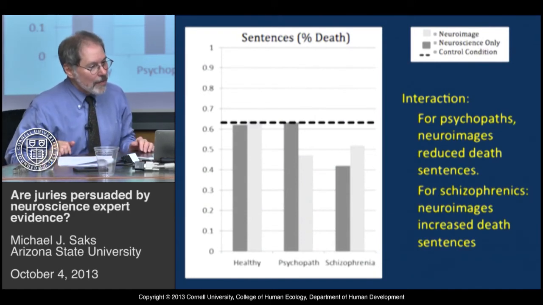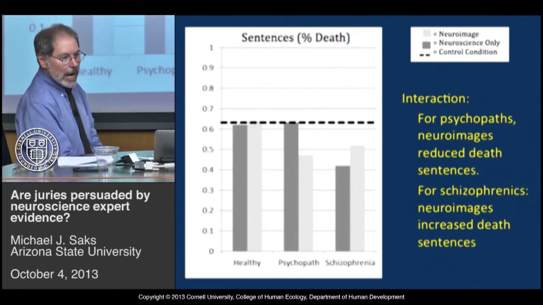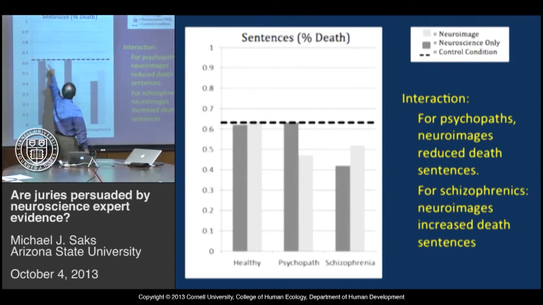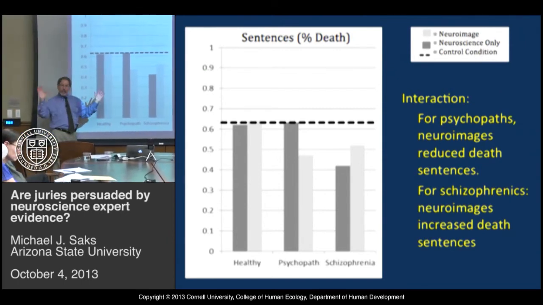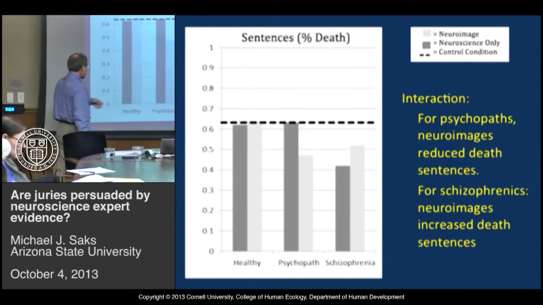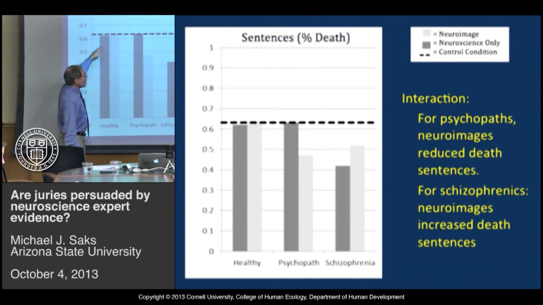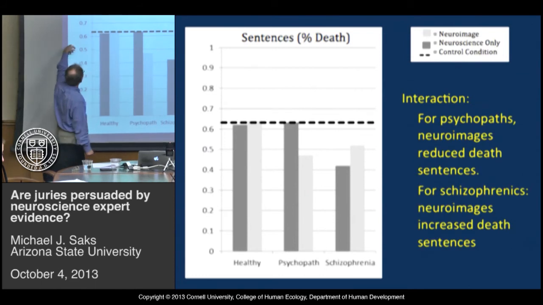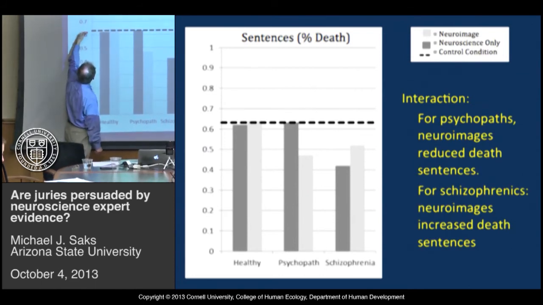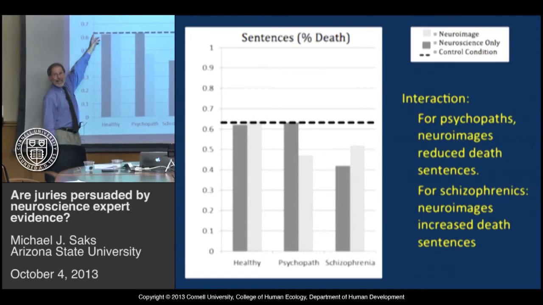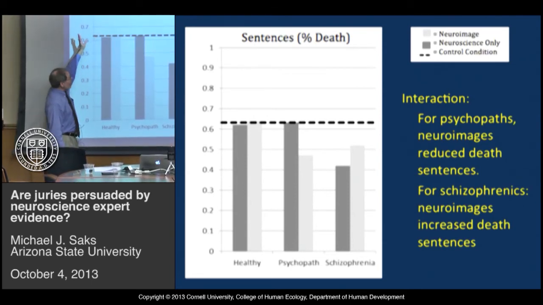So here are the findings. You're looking at a graph of sentences. The dashed line is the control condition. So right away you can see, for some reason, people seem to get this better, because as you can see, for the person who is found healthy, the sentencing is, let's see, 62, let's call it 62% are sentenced to death, and the rest life.